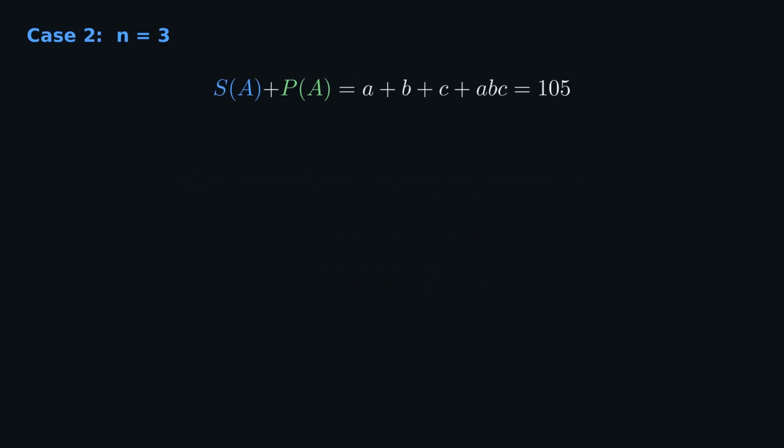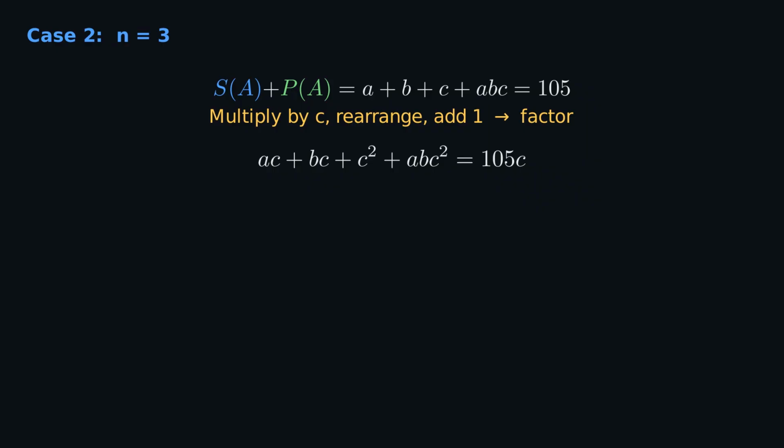But first, to make the checking easier, we're going to do a little algebra manipulation. So we'll multiply our equation by c. And this will give us ac plus bc plus c squared plus abc squared equals 105 times c. We then rearrange the terms and add 1 to each side, which gives us abc squared plus ac plus bc plus 1 equals 105c minus c squared plus 1. The reason we've done this is we can now factor the left-hand side.